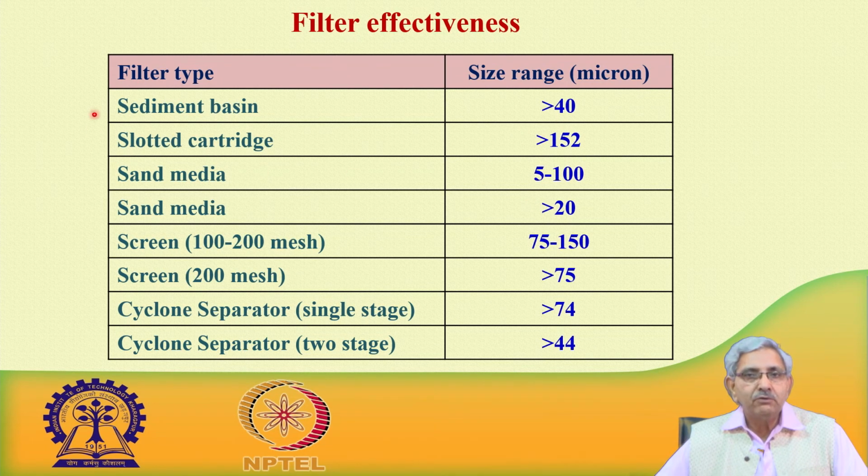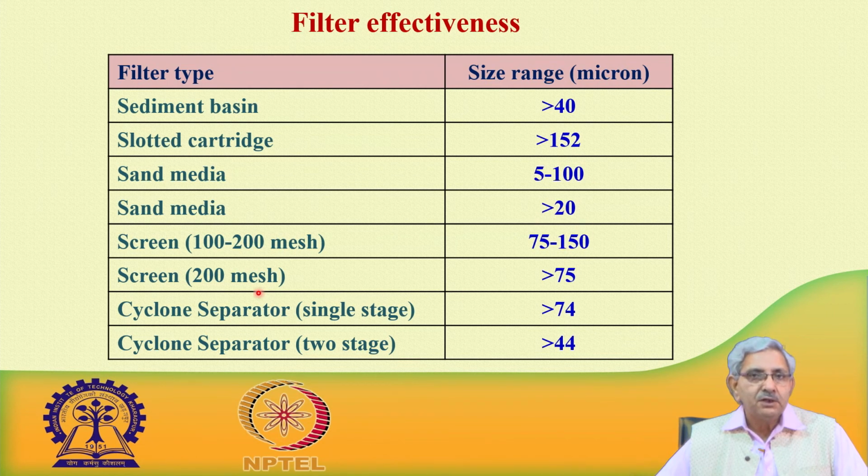If we are using a sediment basin, meaning a settling basin, it can allow particles greater than 40 micron to settle down. Slotted cartridge is 152 microns. Sand filter is 5 to 100 micron, meaning one can use sand media up to 5 to 100 micron, and there are certain media for smaller particles greater than 20 micron.